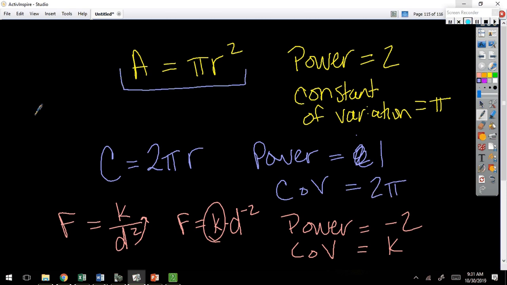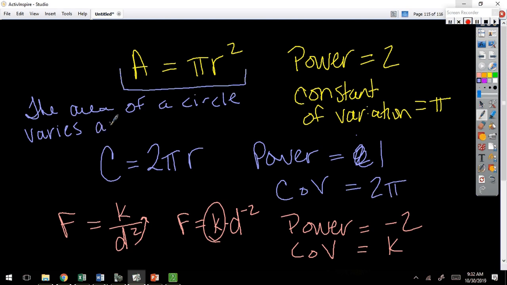The area of a circle varies as the square power of its radius.